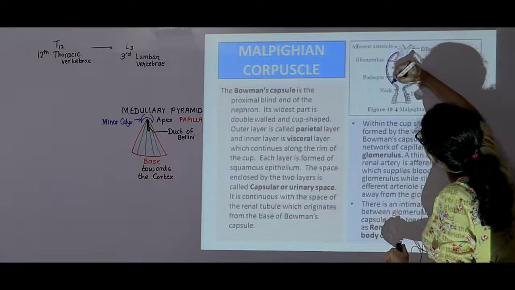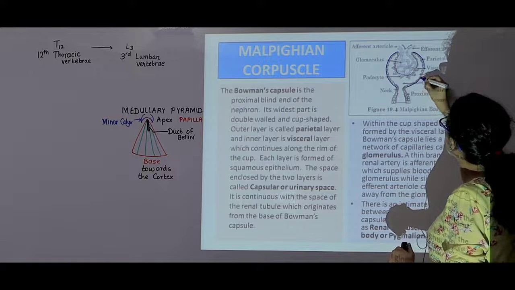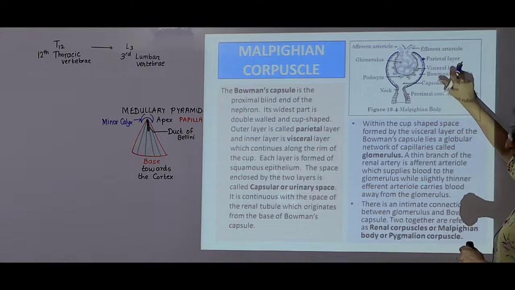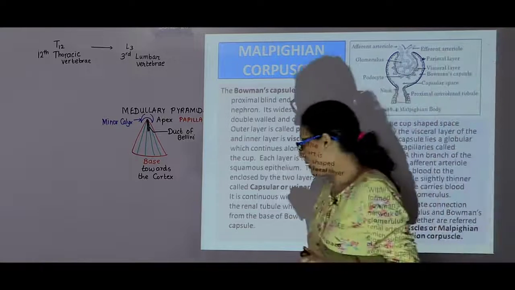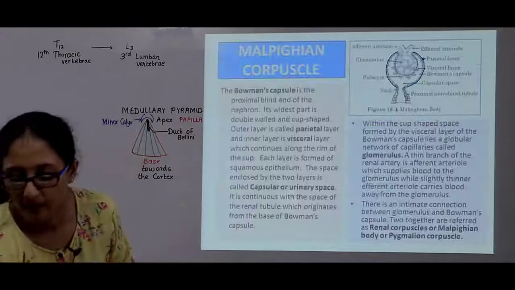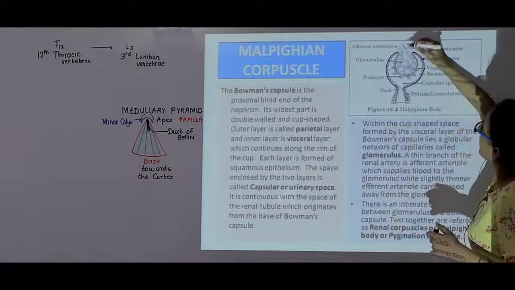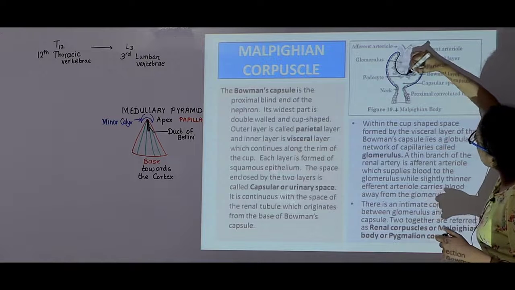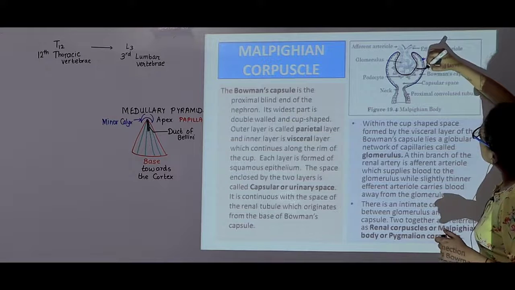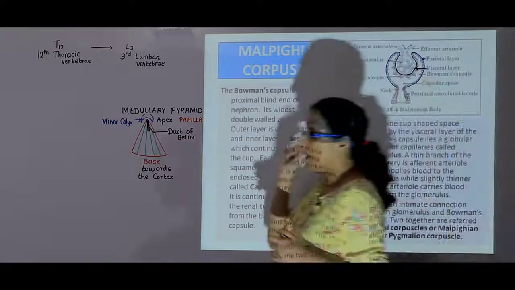So this outer part is the outer parietal layer, which I have drawn in blue, the outer parietal layer, and the visceral layer is the inner part, which I am drawing in black. So you have outer parietal layer and the inner visceral layer.